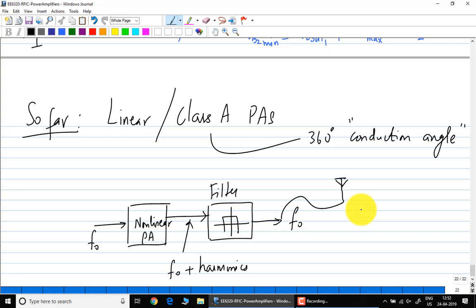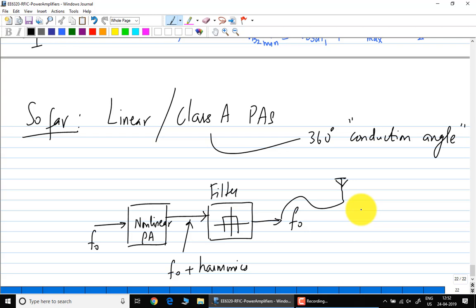That's a problem. So normally you can't use a nonlinear PA to do linear. You will also get EVM problems, right? In-band performance, bit error rate will also go bad. The adjacent channel leakage will also get bad. Okay, so normally, if you have information in both amplitude and phase, you try to build a linear PA.